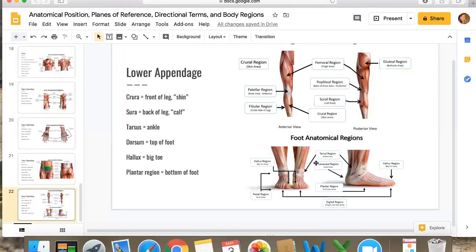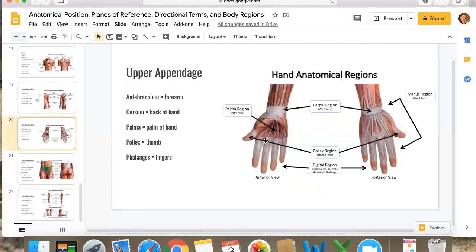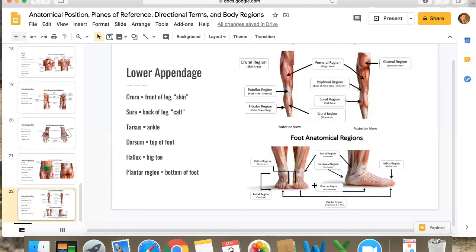So there are a lot of similarities here between the hand and the foot as far as naming goes. So you can almost think of the palmar and the plantar surfaces as being very similar, not the same, not interchangeable, but very close, right? Because you have a dorsum on both your foot and your hand. And then you have the palmar surface of the hand and the plantar surface of the foot here.